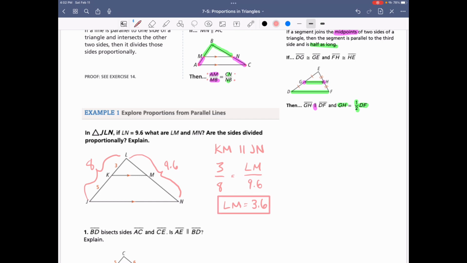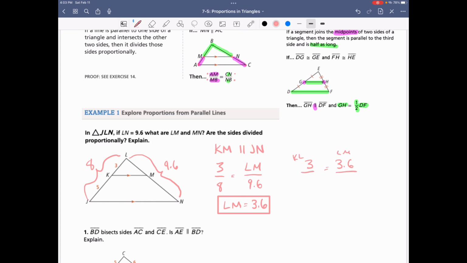Now that we know that, we can figure out MN. So we'll use 3 is to 3.6 because that's the KL. KL is to LM.